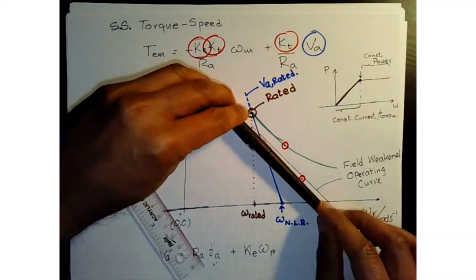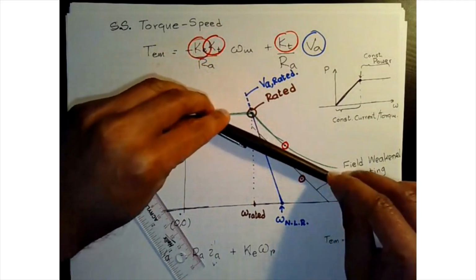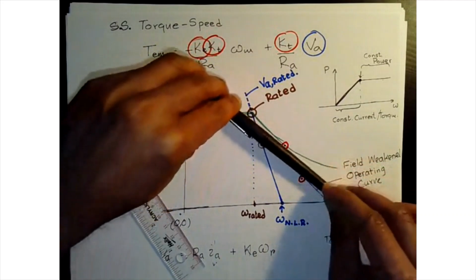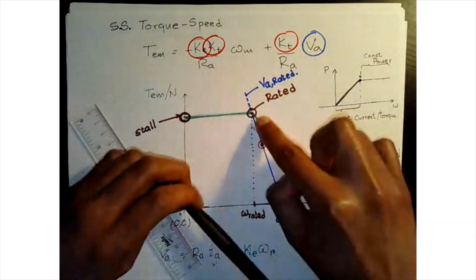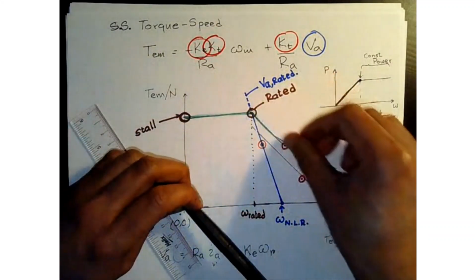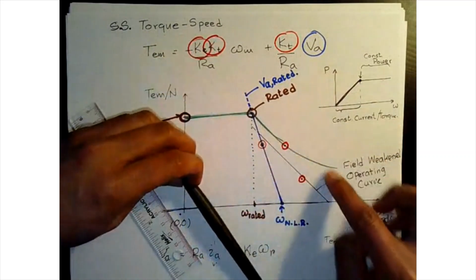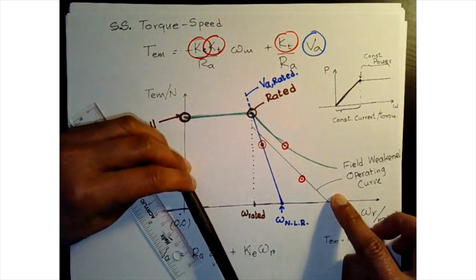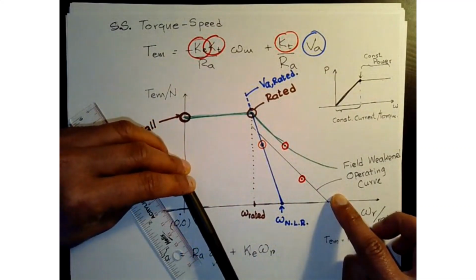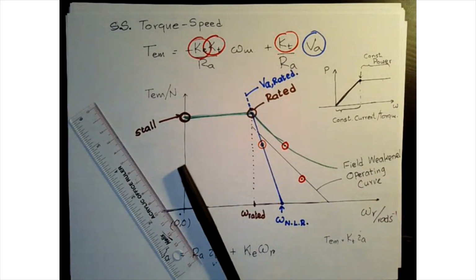By changing Ke as much as you want, you can change how it operates along this curve, along at the rated value. So this is constant power, right? You can operate along that line, or you can operate within this region as well. Okay, is that clear? Any questions?